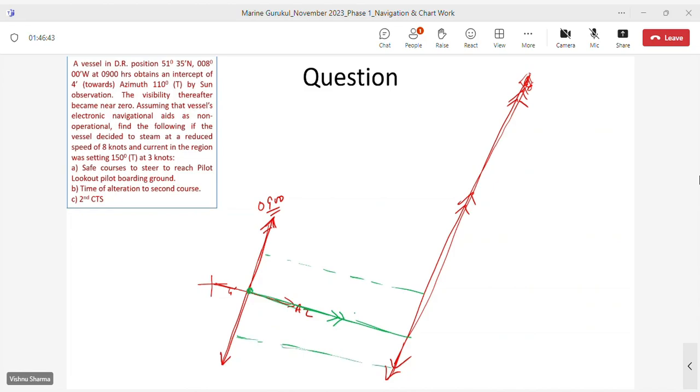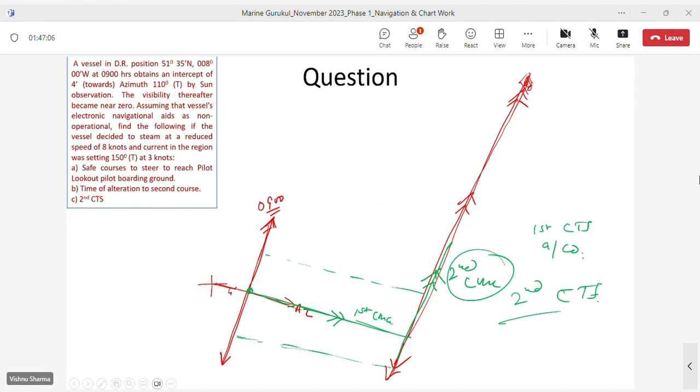So this will be the first CMG in this case. You can counteract the current, get the first CTS. You can get the alteration time. This will be the second CMG. You can counteract and get the second CTS. Correct, beta? Will the question be complete? You'll be able to do this question, yes or no? Yes, sir. Okay.